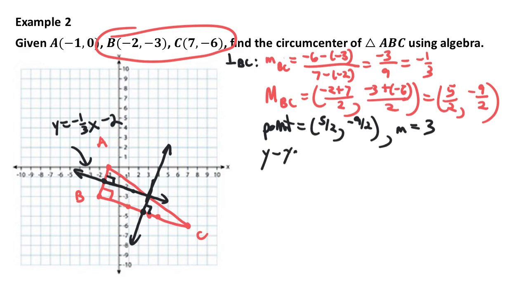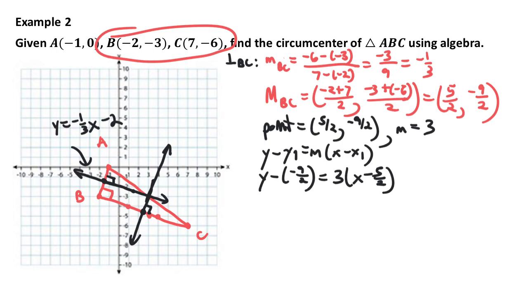y minus y sub 1 is equal to m times x minus x sub 1 is the equation. y minus negative 9 over 2 is equal to 3 times x minus 5 halves. Convert to slope-intercept. y plus 9 halves is equal to, distribute, 3x minus 15 halves.